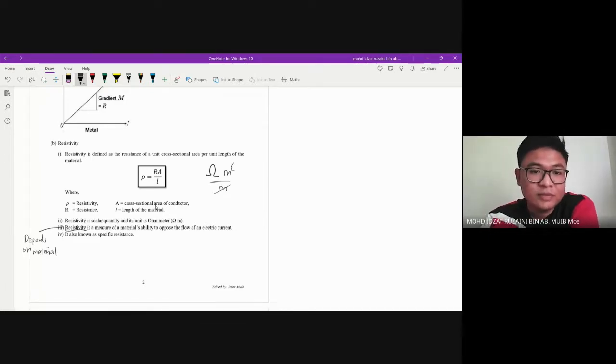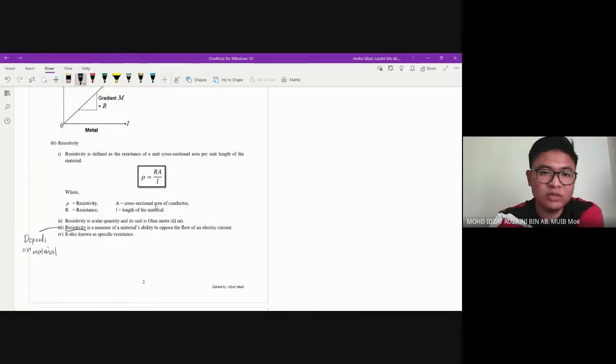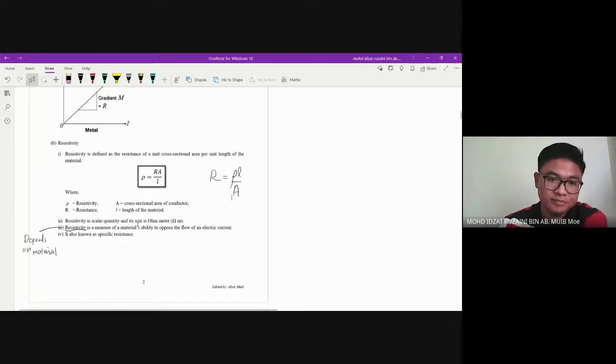So this one rho equal to RA over L. Also from this equation sebenarnya kita akan banyak menggunakan equation R juga lah. Kamu akan cuba rearrange, kamu akan guna equation R equal to rho L over A. Juga samalah. So this one juga kita akan selalu guna R equal to rho L over A. That one to the resistivity.